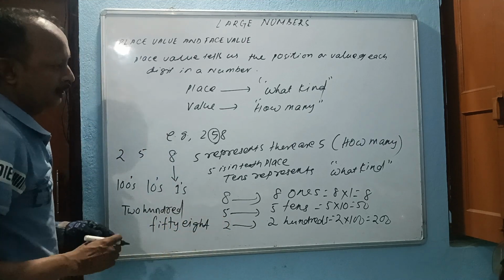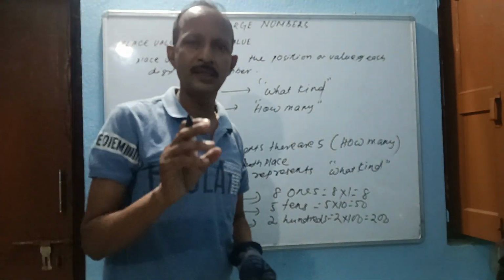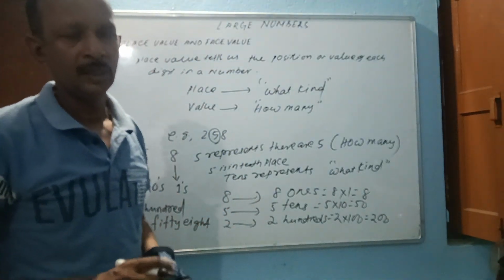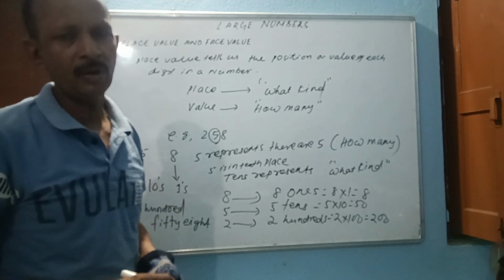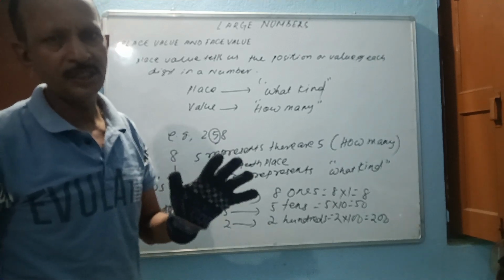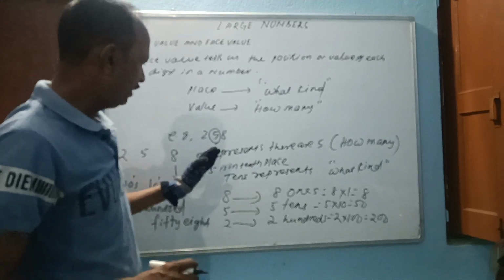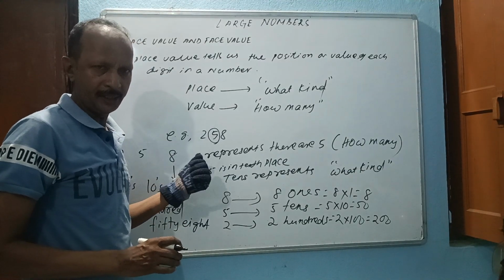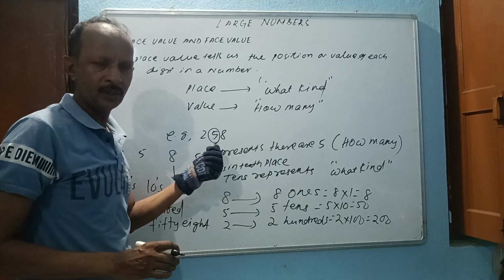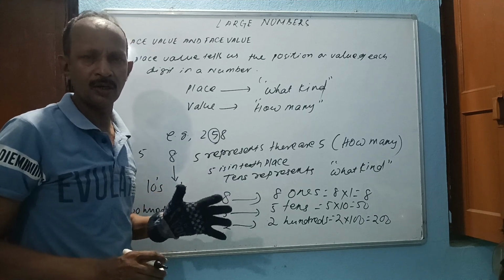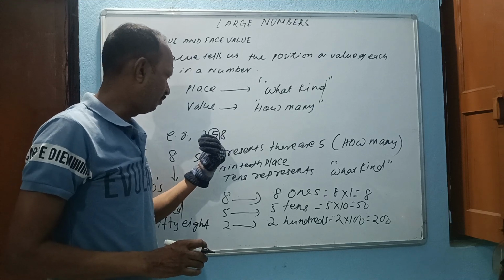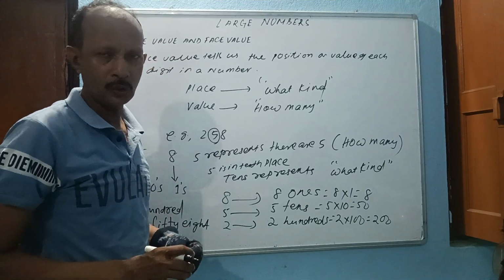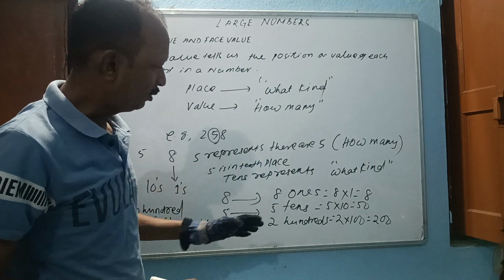From the very beginning, I said that the place value tells us the position or value of each digit in a number. I have taken an example of a 3-digit number 258, where I explained the position of 8 or value of 8, value of 5 and value of 2 in the place value system.